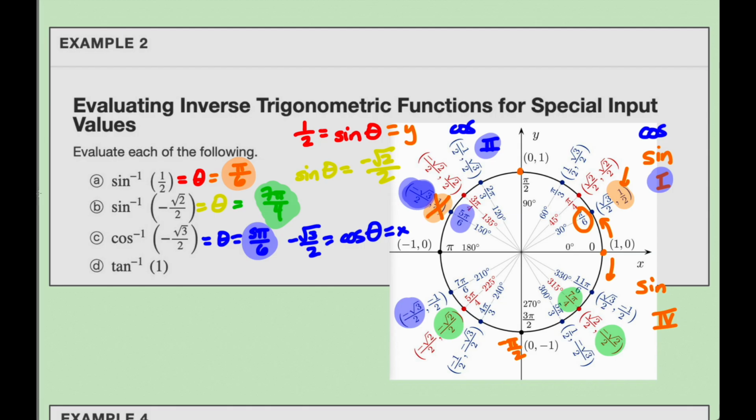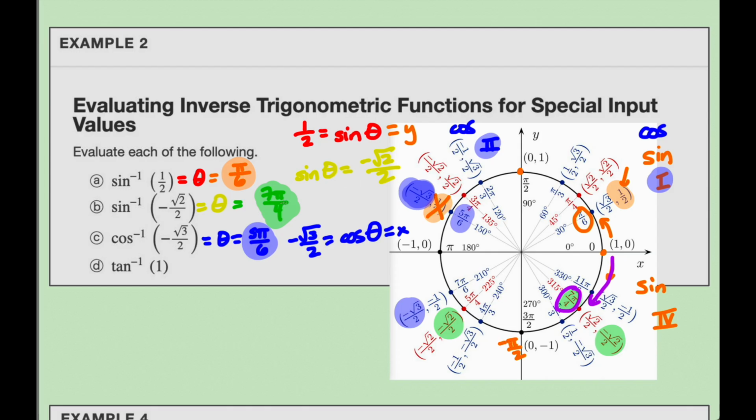And while we're here, I should also note that this 7 pi over 4, because the sine only goes from negative pi over 2 to pi over 2, you would actually have to subtract on this. So we're going backwards this way to that 7 pi over 4. Technically that sign is going to have to be negative, because the only possible values that you can have for the arc sine is negative pi over 2 to pi over 2.